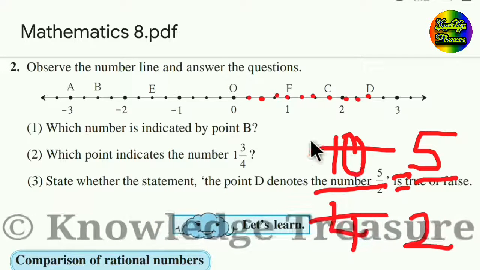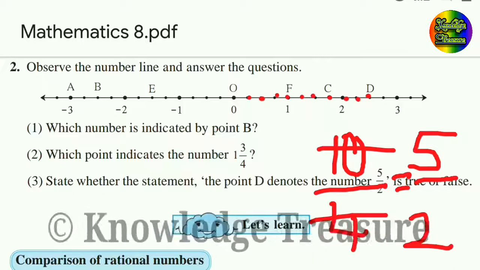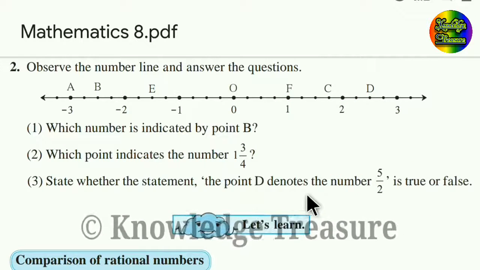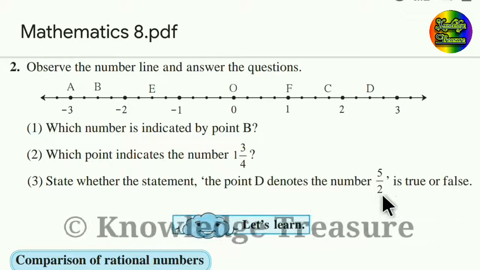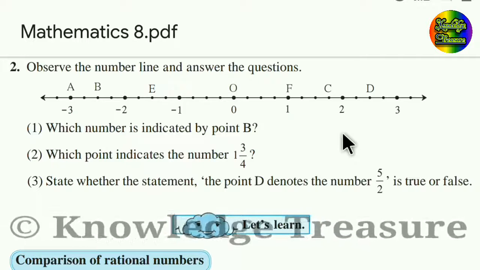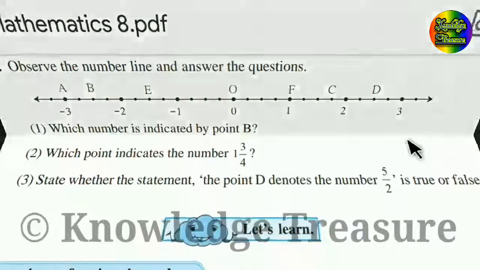What is the given statement? The statement is that the point D denotes the number 5 upon 2. Is it true? Yes, of course, it is true. Okay. Now this practice set first is complete.